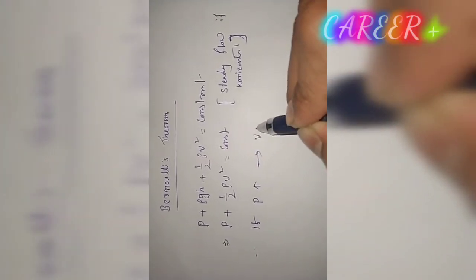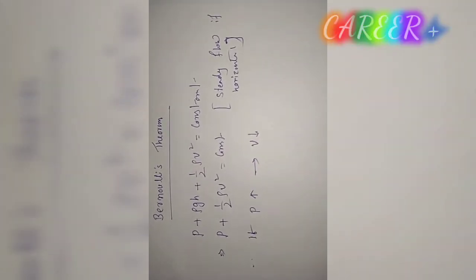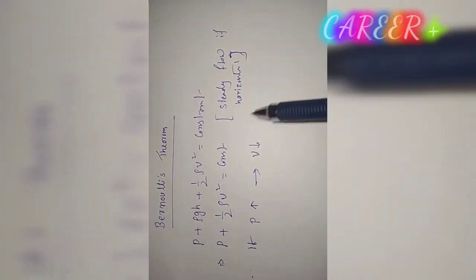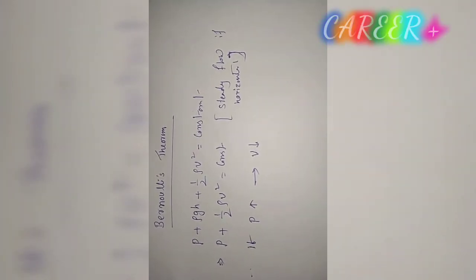So we can say that if P increases, V decreases. That means if velocity of the fluid decreases, then pressure increases, or vice versa. It means that if velocity increases, as a result pressure decreases.